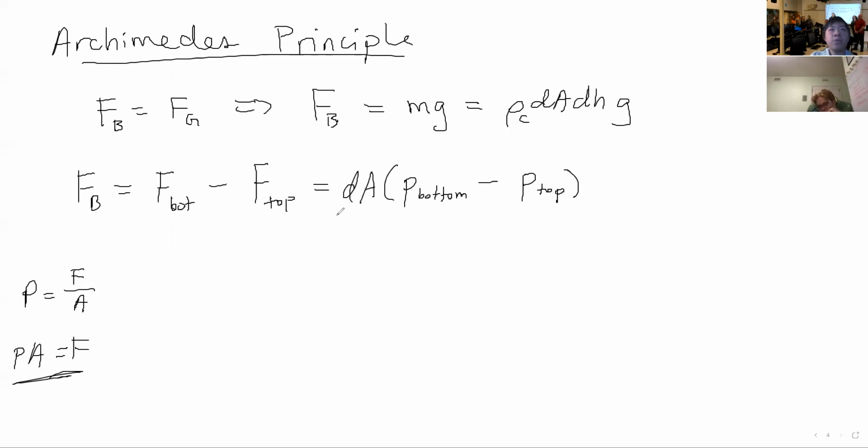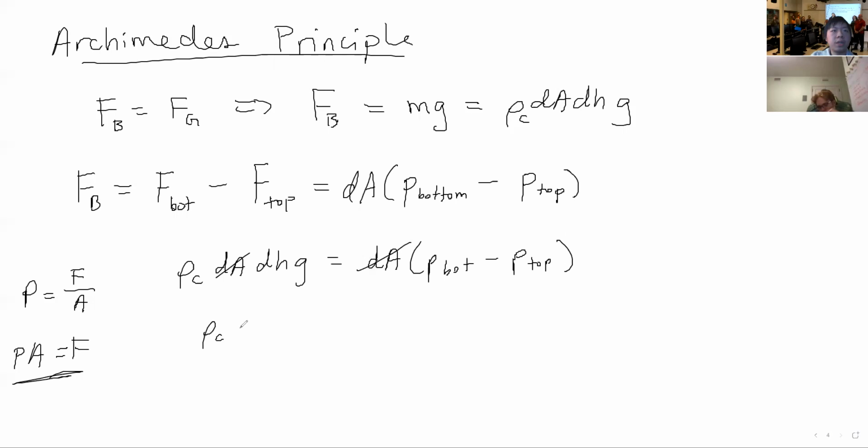So if we set these equal to each other, rho C dA dH g is equal to dA times P of the bottom minus P of the top. We can cancel out the dAs, right?